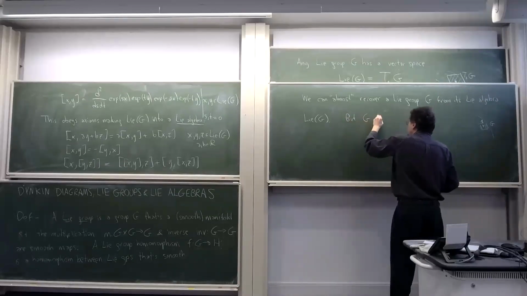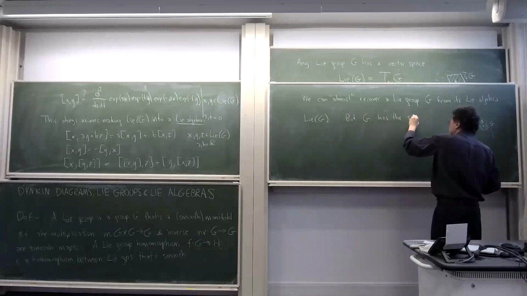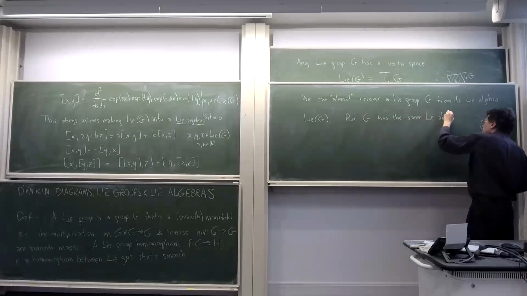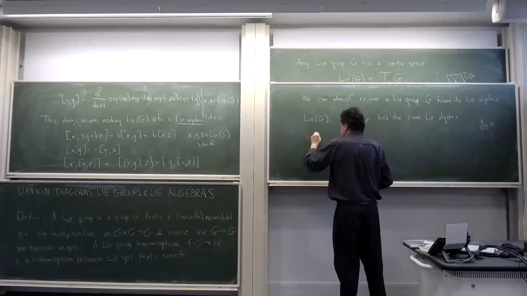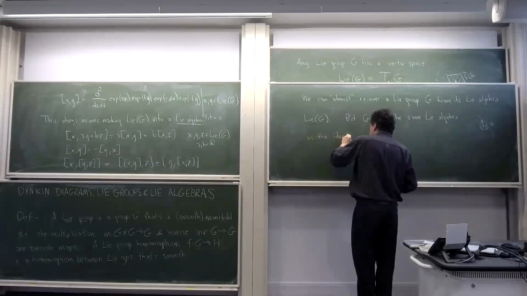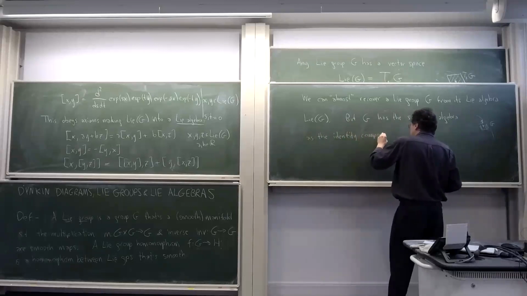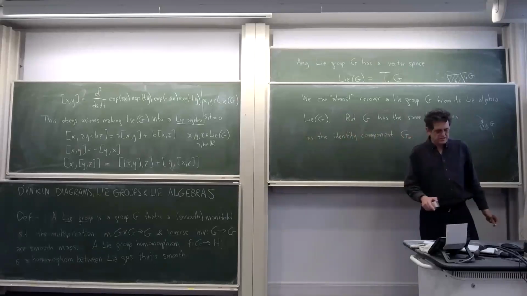G will have the same Lie algebra as the connected component of the identity. I'll just call it the identity component. So that's one thing you just have to accept.